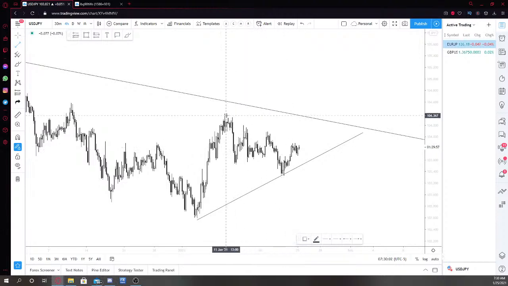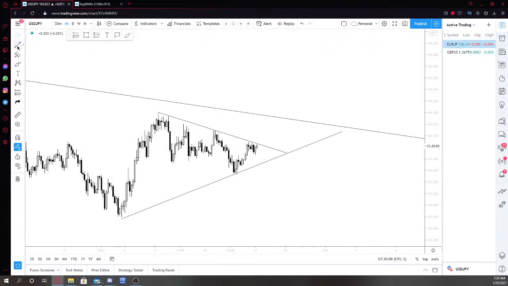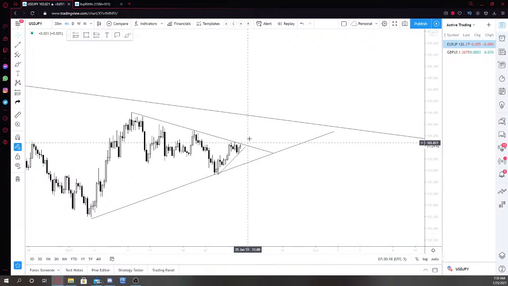Okay, so price is here, and if you wanted to zoom in closer, since we're on the 4 hour, you can go ahead and put that uptrend there as well, and you can wait for a break of one of those, look for a correction, and then look to sell or buy off of that.